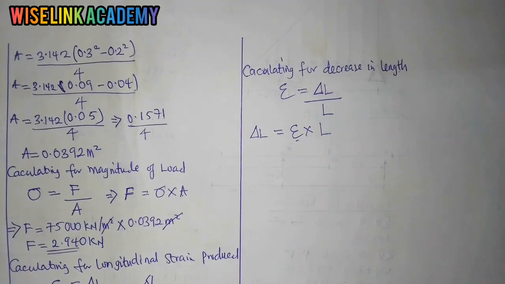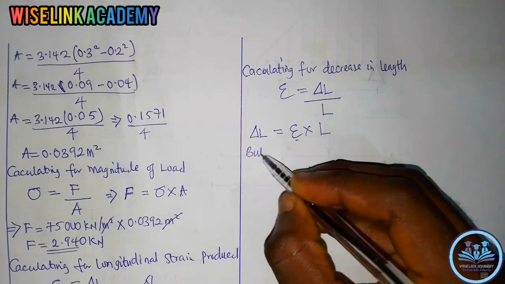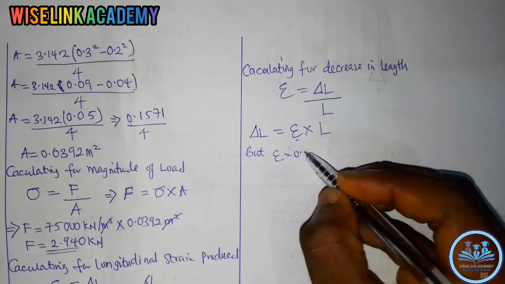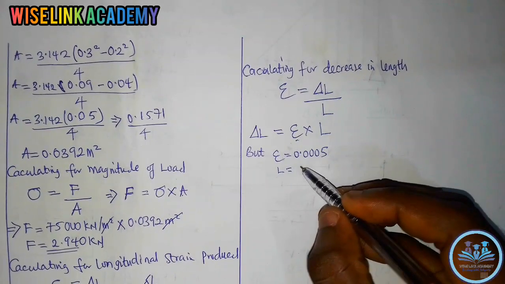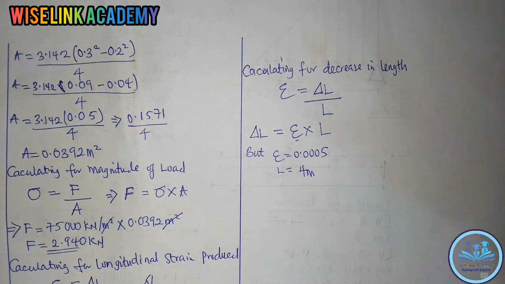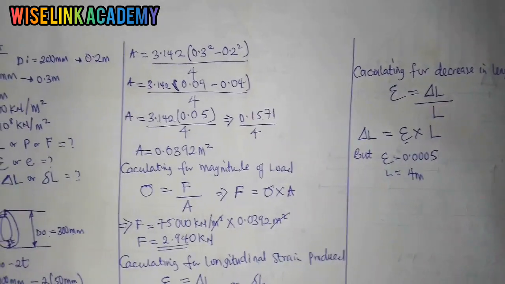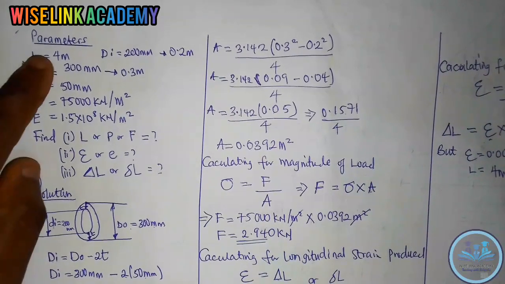Strain is equal to 0.0005 and our length is what? It's going to be 4 meters according to our parameters. Let me show you. Our length is 4, isn't it?